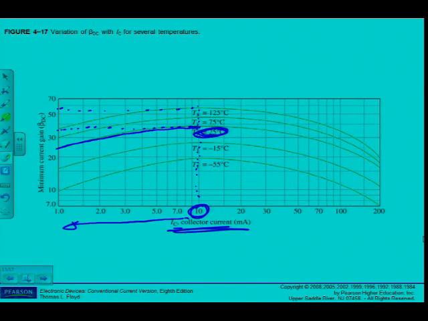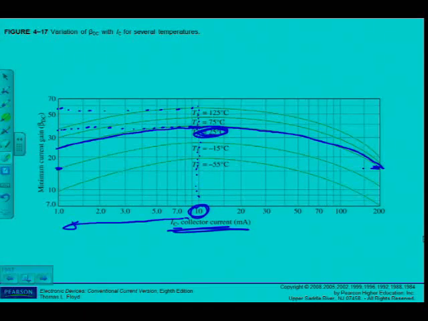If IC increases, I can see the same thing happening, and it gets worse as it gets higher. At 200 milliamps, it becomes approximately 16 or 17. So very surely beta DC is not a constant value. It changes with temperature, and it also changes with changes in collector current.